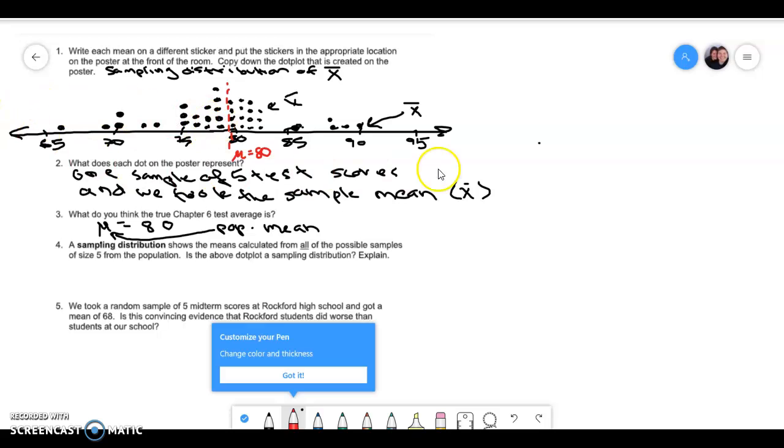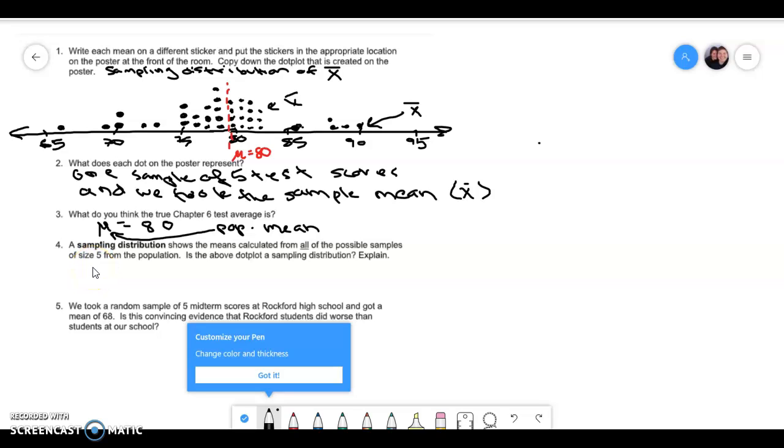So if this is approximately normally distributed, then my population mean approximately falls right on my mean of the sample means. So a sampling distribution shows the means from all possible samples.